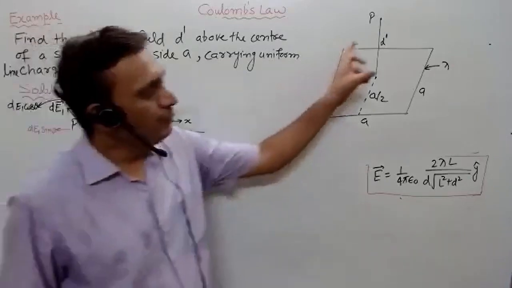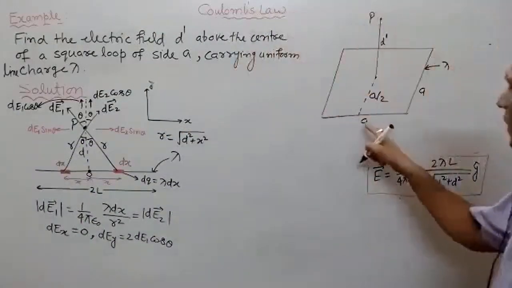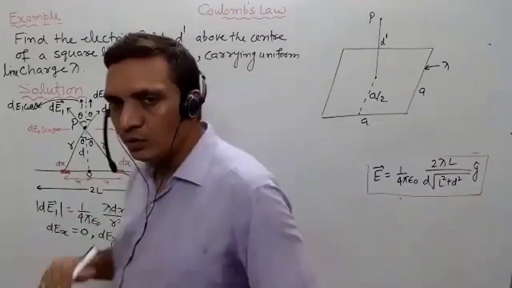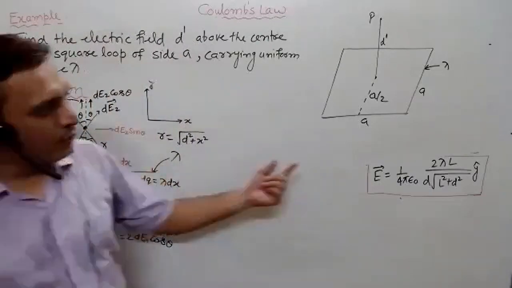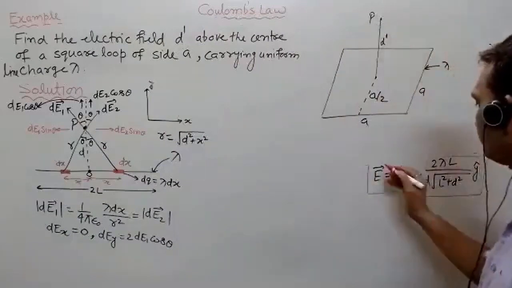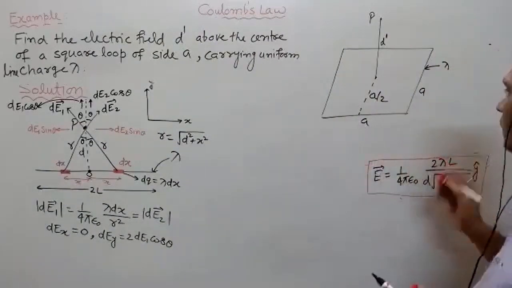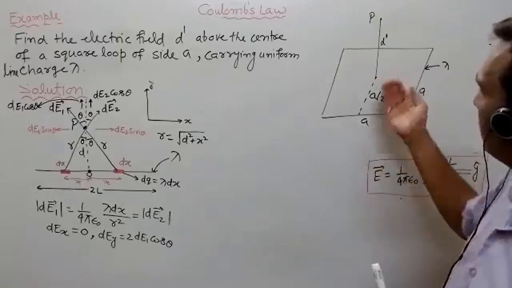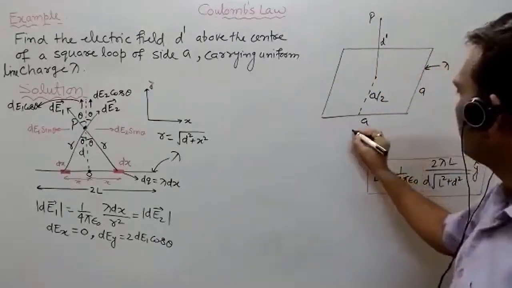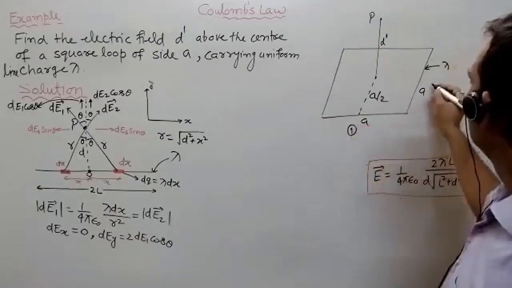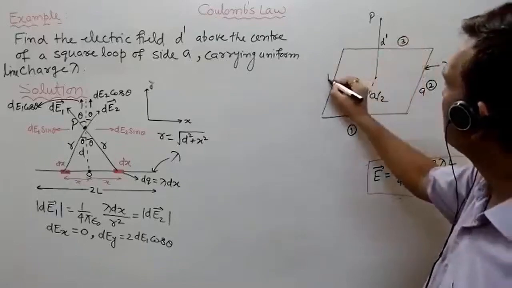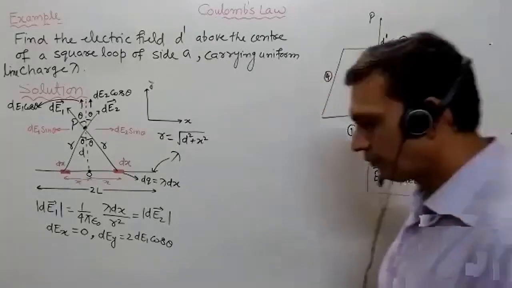So now you have to find the field due to the square loop. Side is a and charge per unit length is lambda, and we have to use this relation. If you know the wire of length 2l, then we can easily find the field due to the square loop. You can see in the square loop there are 4 segments of wire. Take this as segment 1, this is segment 2, this is segment 3, and this is segment 4.